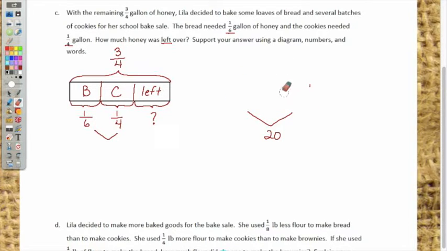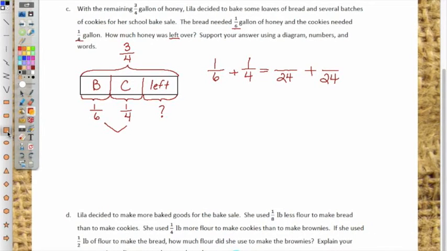So I'll add 1/6 plus 1/4. Don't forget to subtract from the whole. What's your common denominator? 24. We just had that, didn't we? Make sure you're adding those together, and then we'll subtract down here, down below. Okay? So how many boxes do you need? 2.